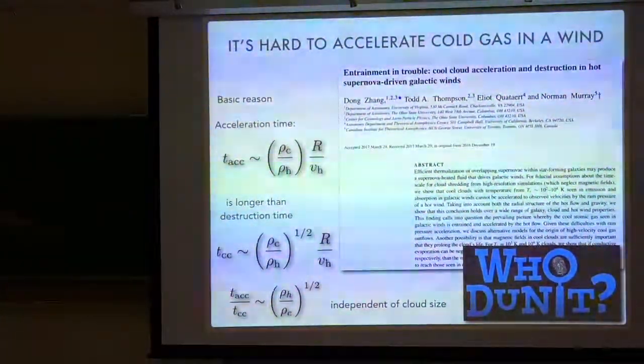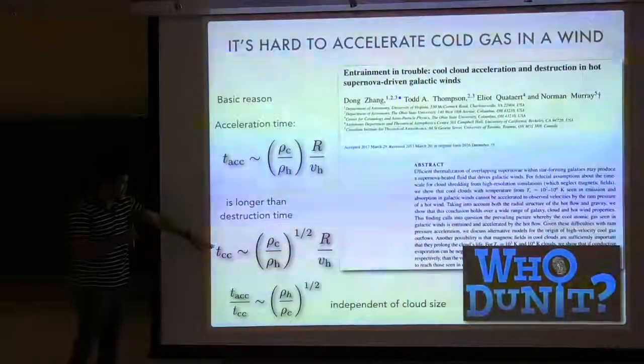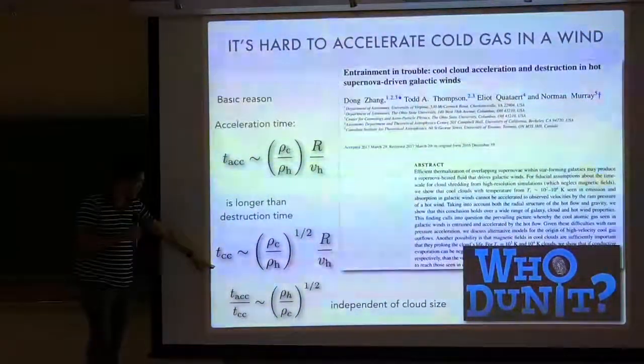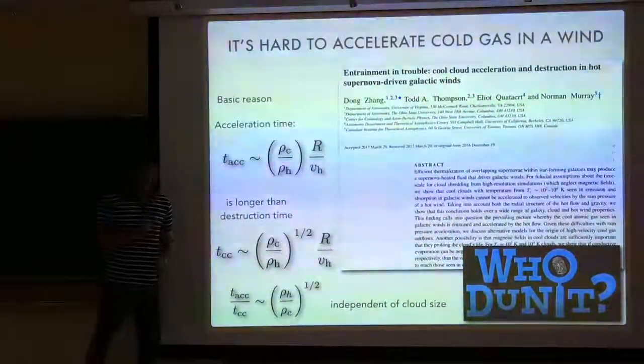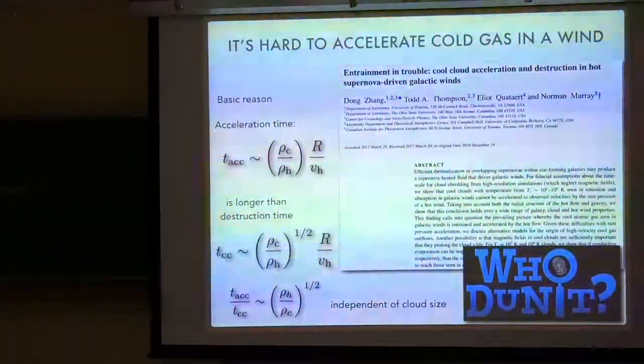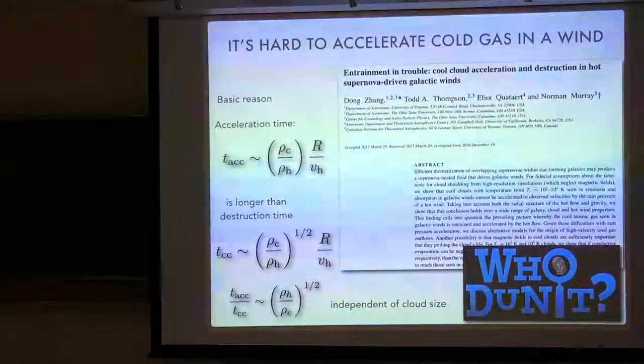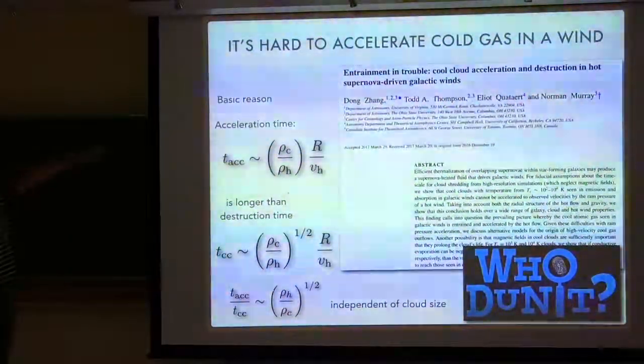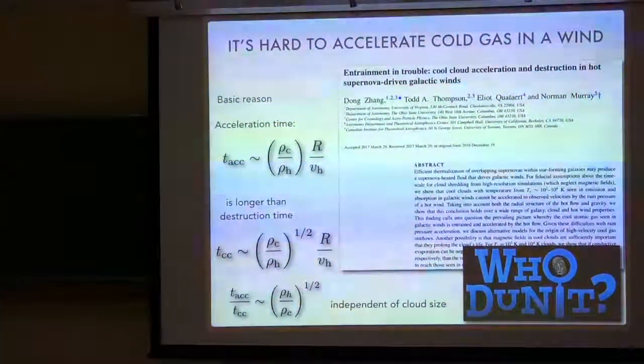And this is shorter by a square root of the density ratio, right? So before you can accelerate, you will destroy the cloud, right? And so there was a nice recent paper, Norm was an author, which sort of had a catchy headline, right? Entrainment in trouble.